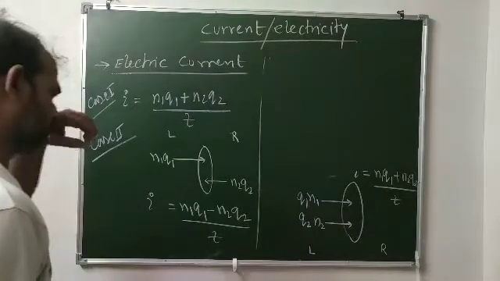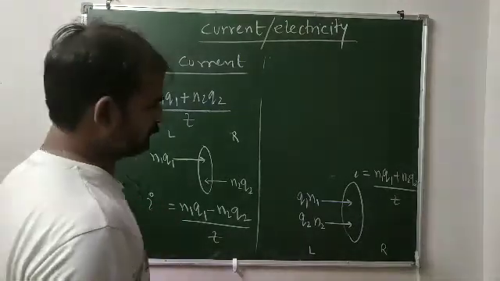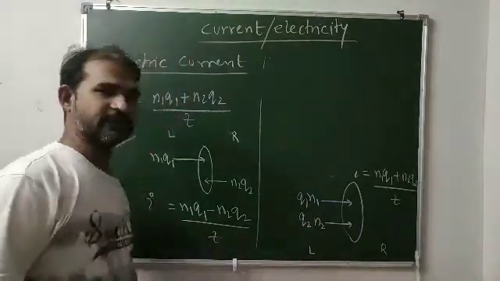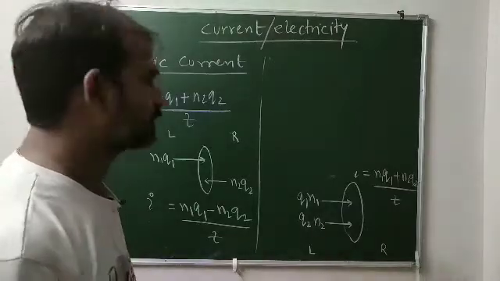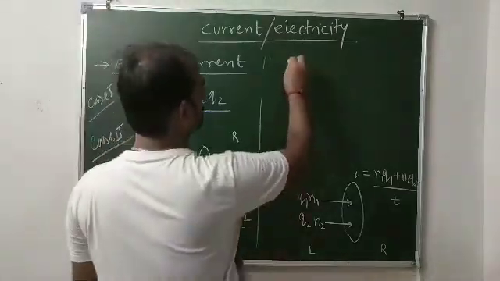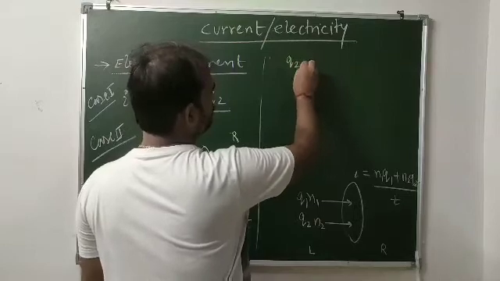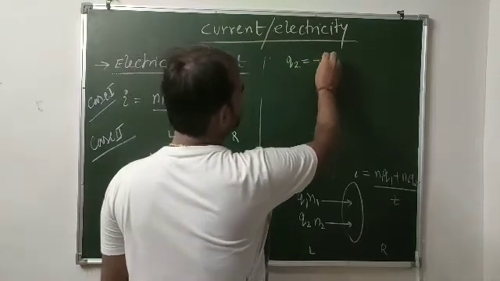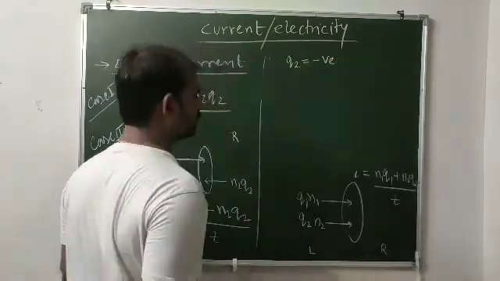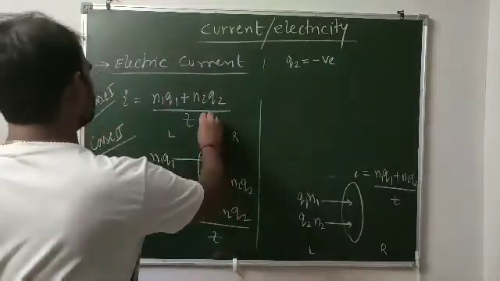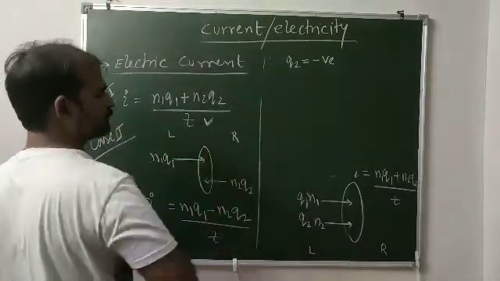Students, suppose Q2 amount of charge is a negative charge. Q2 is negative. Then students, in this formula, put the value of Q2.